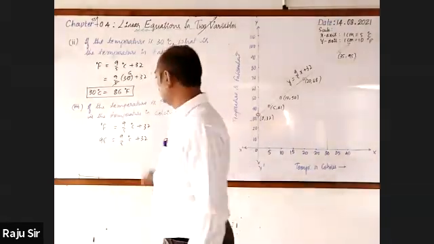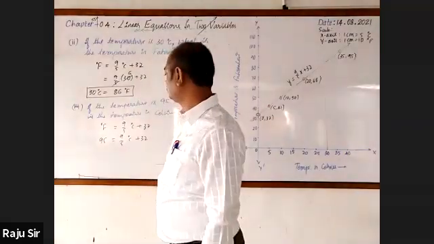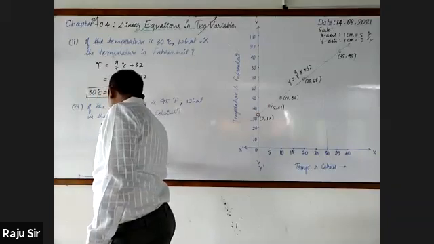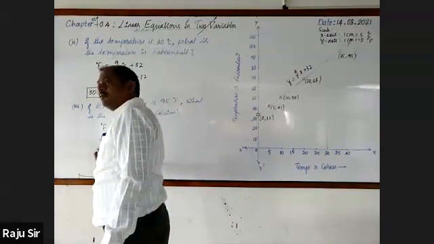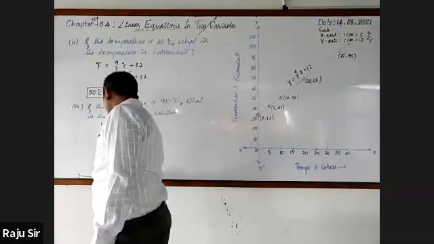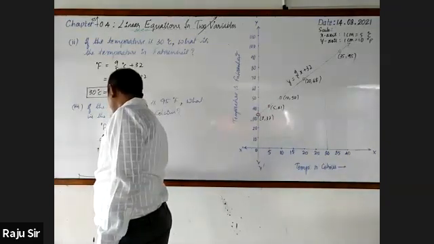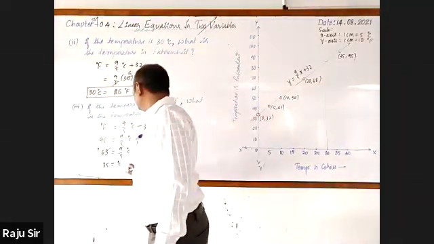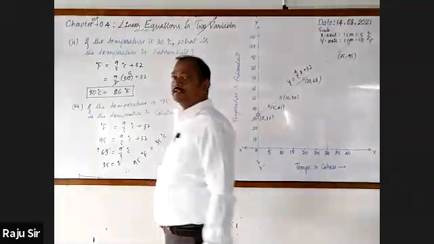Take 32 to the left, 95 minus 32 is 63. 9/5 degrees Celsius, cancel it by 9, we get 7. Cross multiply, 7 5s are 35. How simple it is. Therefore, 95 degrees Fahrenheit is equal to 35 degrees Celsius.